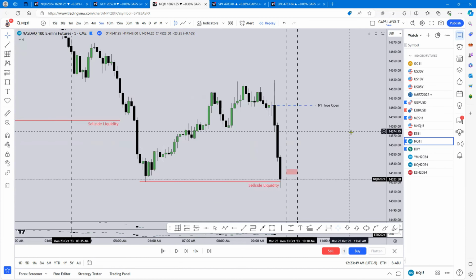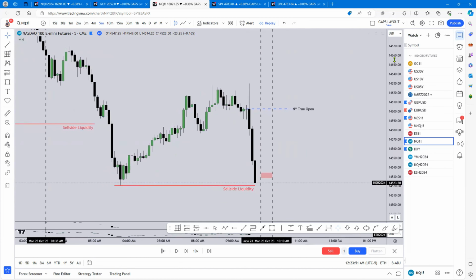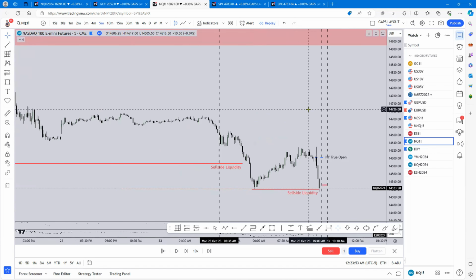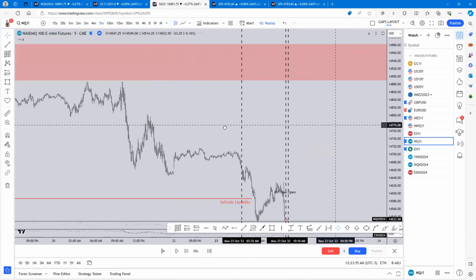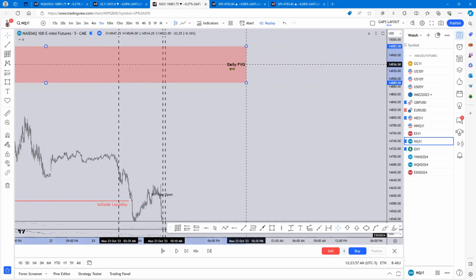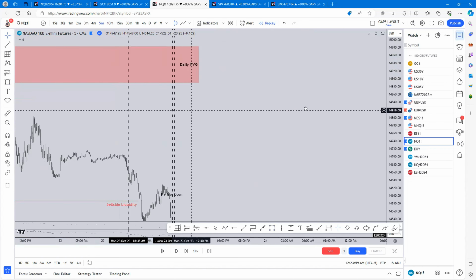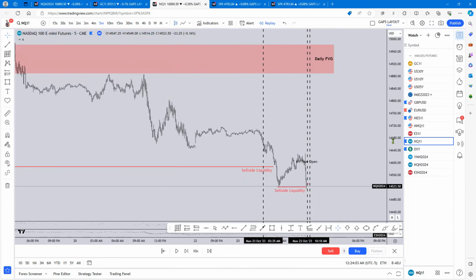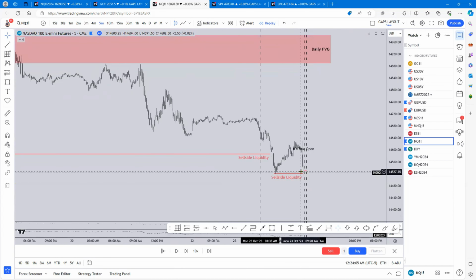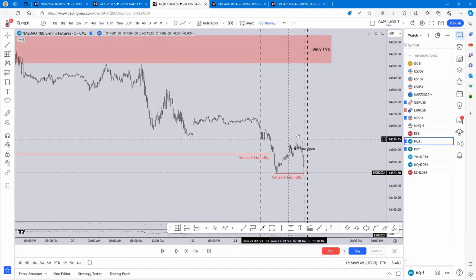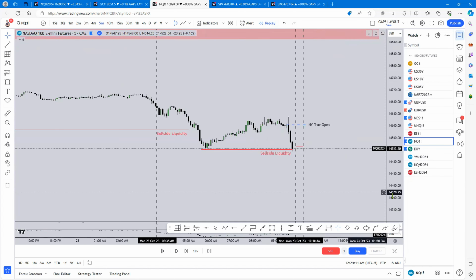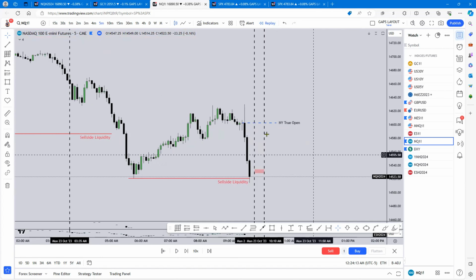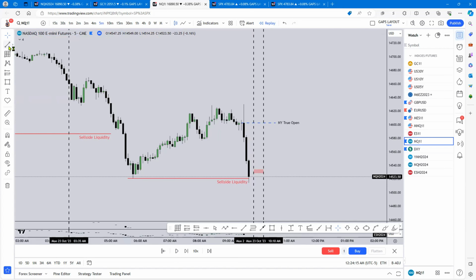So we know price is going to want to reprice back up to this daily. Even though we're bearish, we can look at this two different ways. We can trade to the daily fair value gap intraday and target internal range liquidity. On 5-minute structure, we have buy side here.